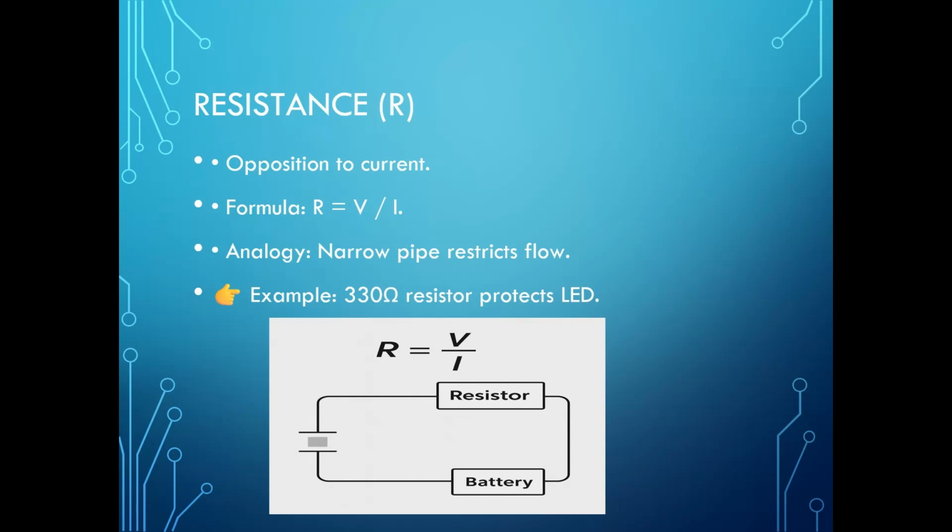What will happen without the resistor? Yes, the LED burns out because current flows uncontrolled. So basically, the resistor resists the current in the circuit if we have high voltage.